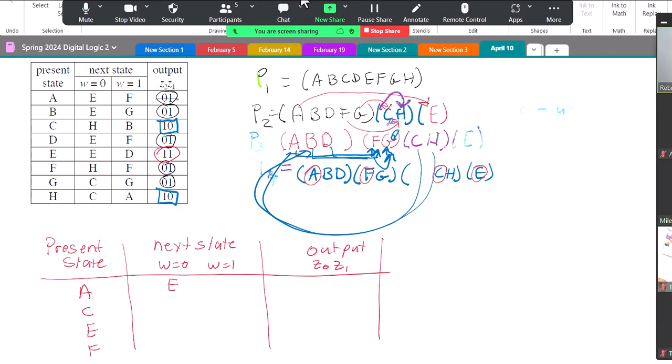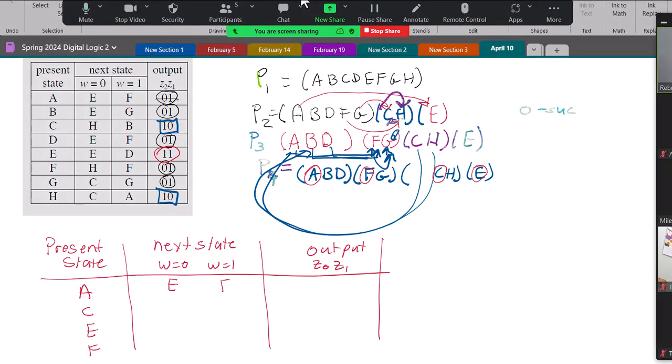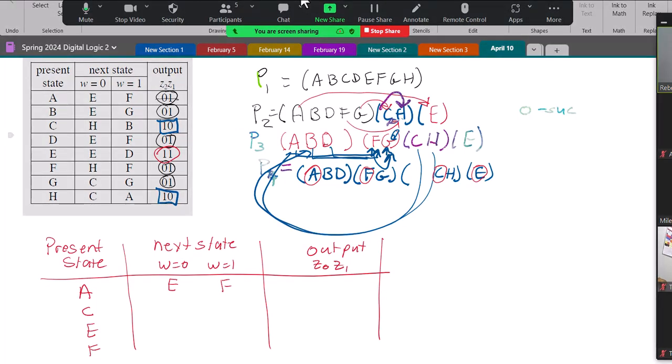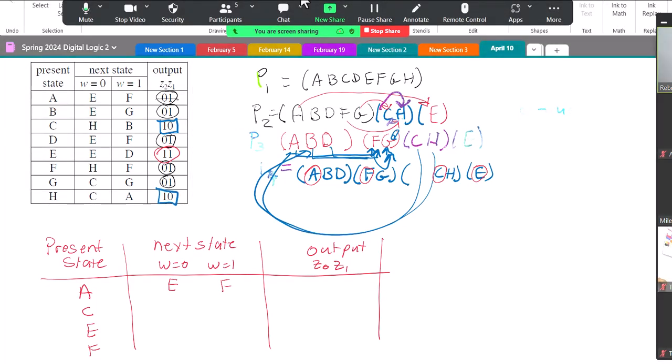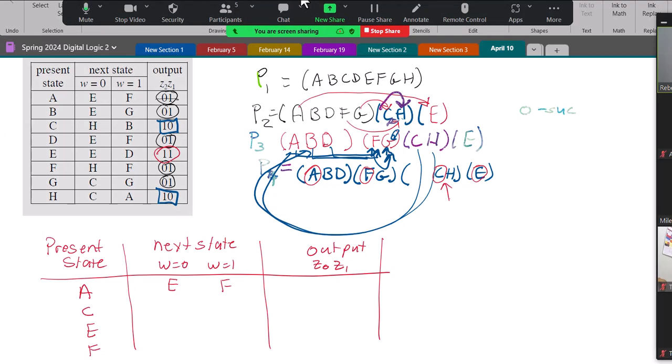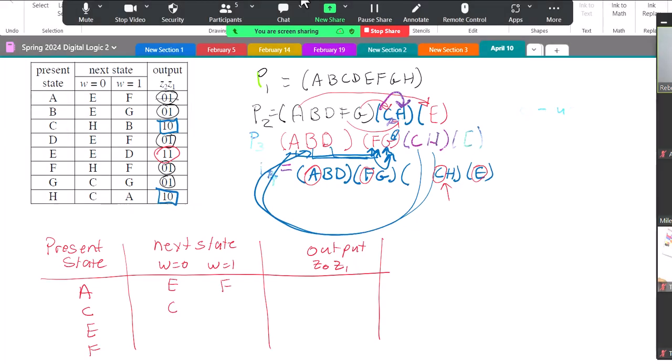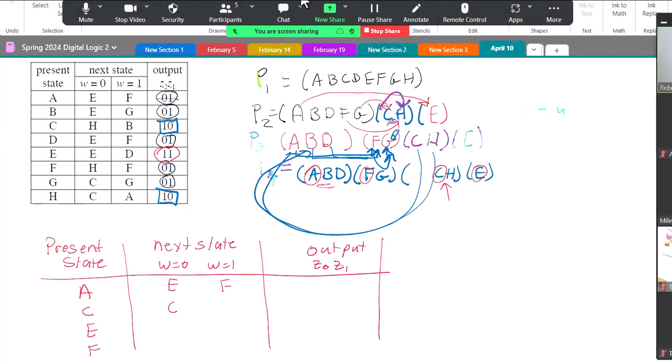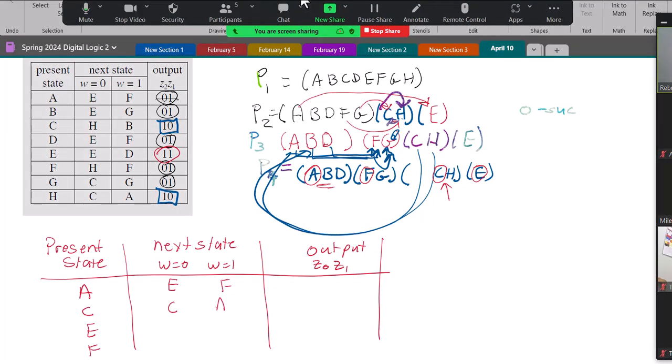When W equals 1, my next state is F, and that is one of my states, so I can use it. For C, when W equals 0, my next state is H. H is in this group, which I called C, so I'll put C. For C, when W equals 1, my next state is B, and B is in this group that we labeled A.